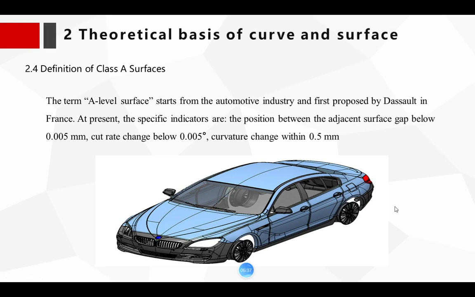And at the end of this part, we need to define the Class A surface. The term Class A surface started from the automotive industry and was first proposed by Dassault in France. At present, the spatial indicators are like this.